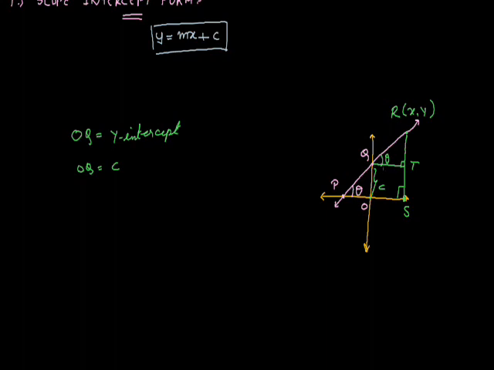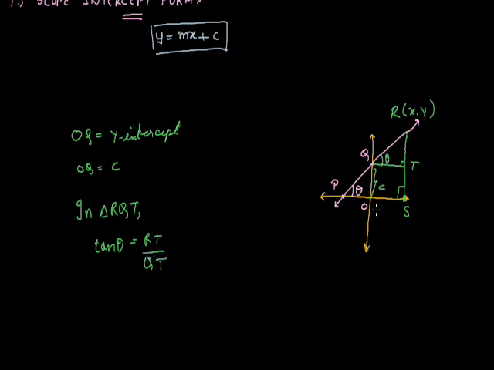So I can write theta, which the line makes with our x-axis, is the same angle of inclination over here, that's theta. Now in triangle RQT, I can say that tan theta is equal to RT upon QT.